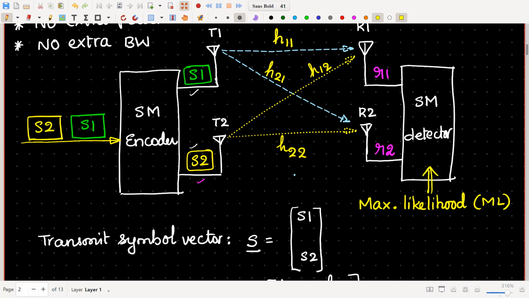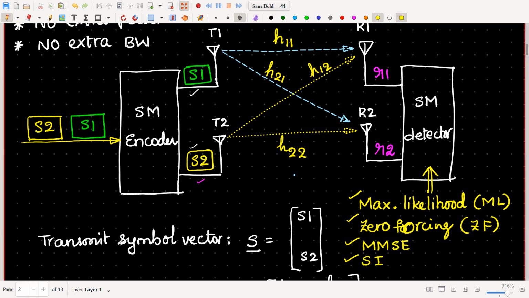Also you must be knowing about the zero forcing method, and also we have minimum mean square error, successive interference cancellation, and ordered successive interference cancellation, and so on.